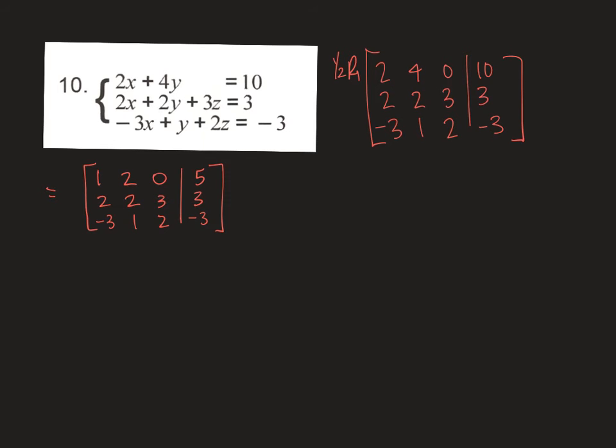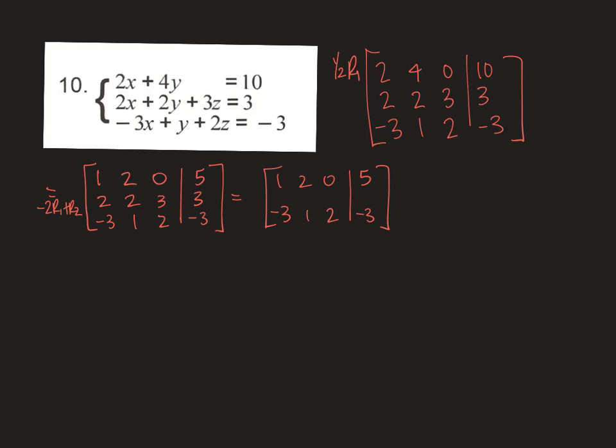So this just makes it a little bit easier for me to get that 2 in my second row and my -3 in my third row to zeros, which I want to do. So I'm going to multiply my first row by -2, and I'm going to add it to my second row. So my first row is going to stay the same. My third row is going to stay the same. And I'm just going to change my second row.